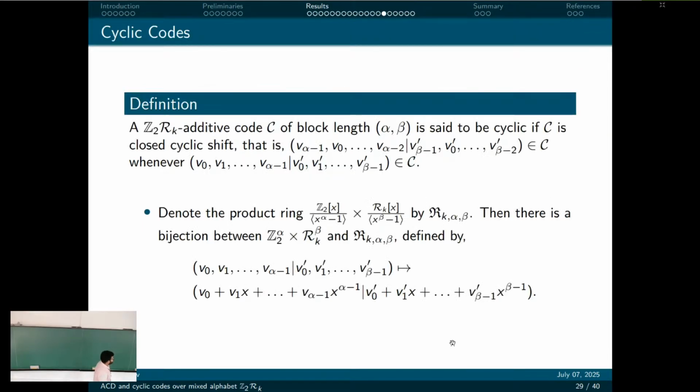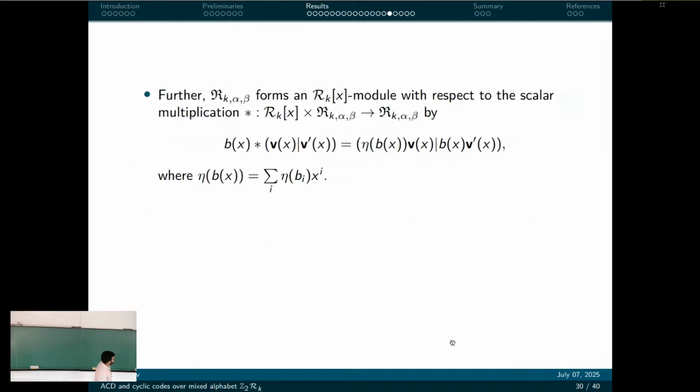This Rk alpha beta is an Rk[x] module with respect to this scalar multiplication, where b(x) is any element in Rk[x] and v(x) and v prime(x) are elements of Rk beta, and eta of b(x) is the eta map applied to every coefficient of b(x). The eta map we have seen earlier.